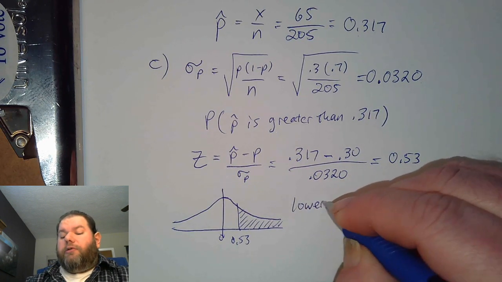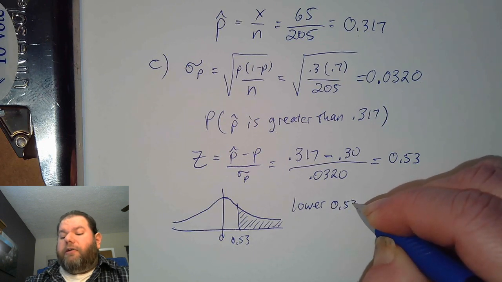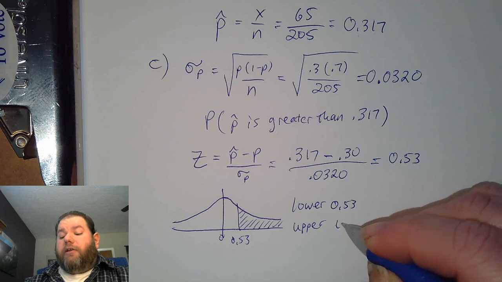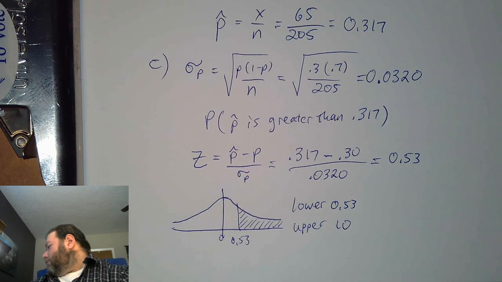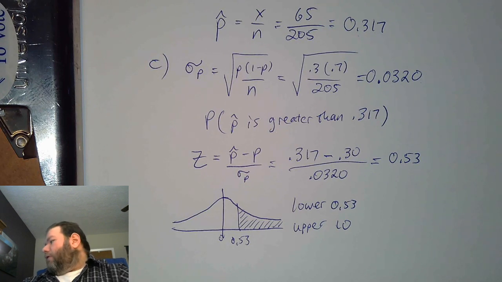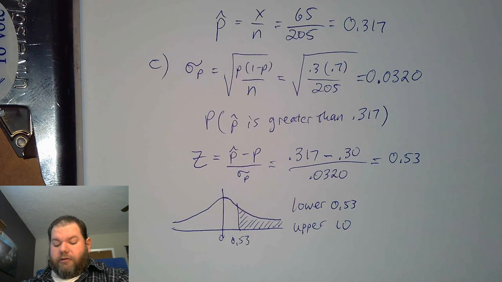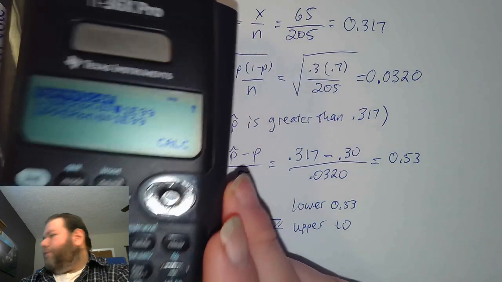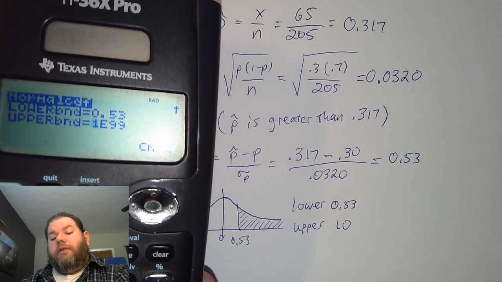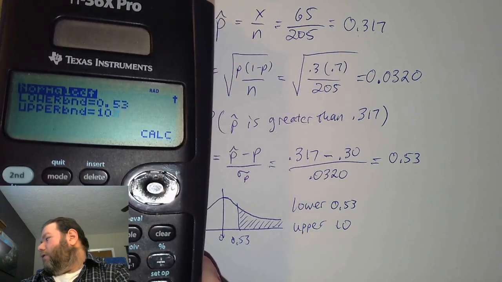So our lower is 0.53, and our upper, since it continues to the right, will be 10. And now we'll just put that into our calculator. 0.53 and 10. Calculate.